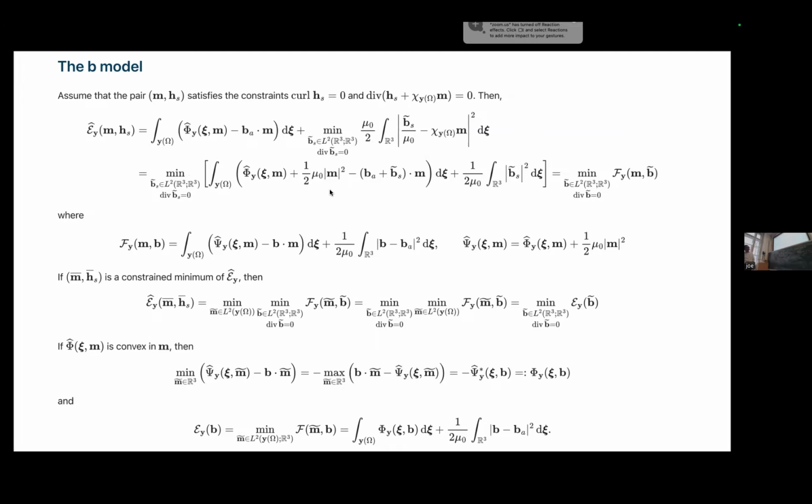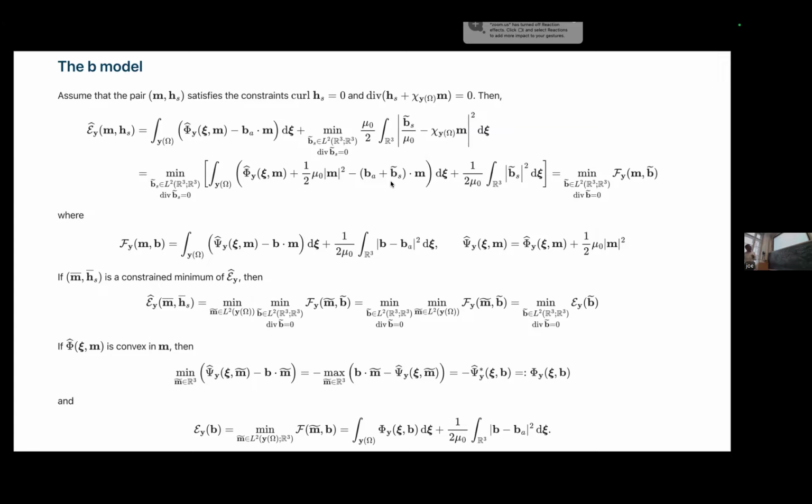And so the idea is that I can look at this as the result of a minimization procedure. So you expand that square. If I expand that square, I will have this BS square here, I will have an extra term here, and I will have this term here, which is BA, the applied induction field, and the stray induction field.